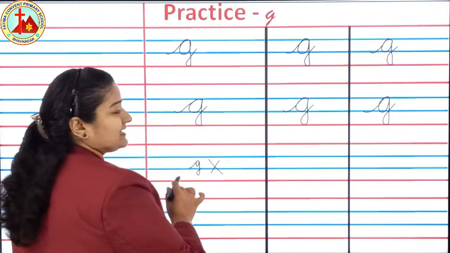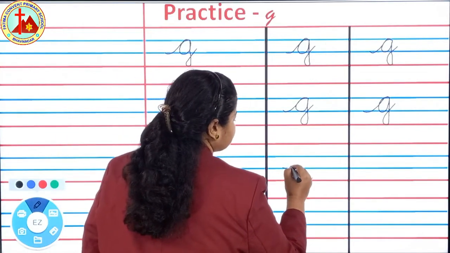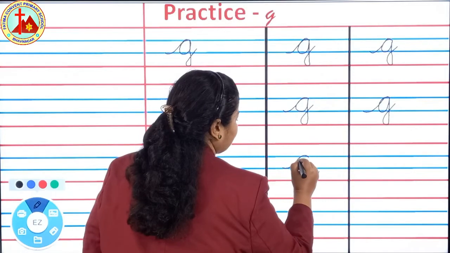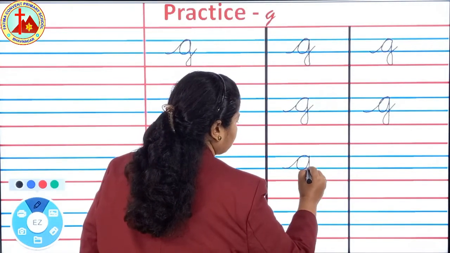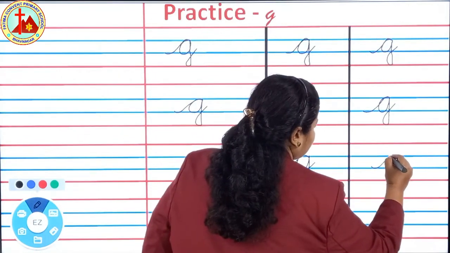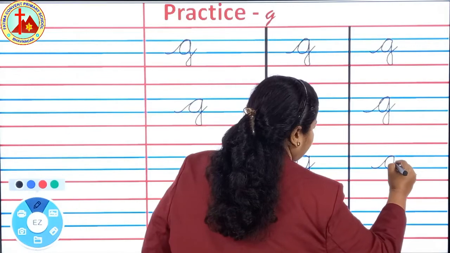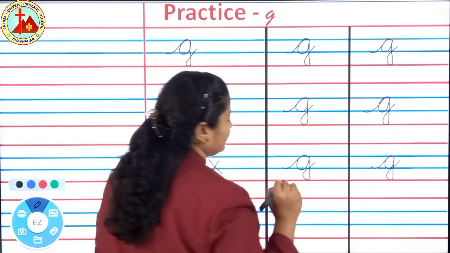So don't write like this. Always write with the correct formation, and it is very easy. C, circle, make a 9, go on top. It's g. C, circle, come down, touch the red line, and g.